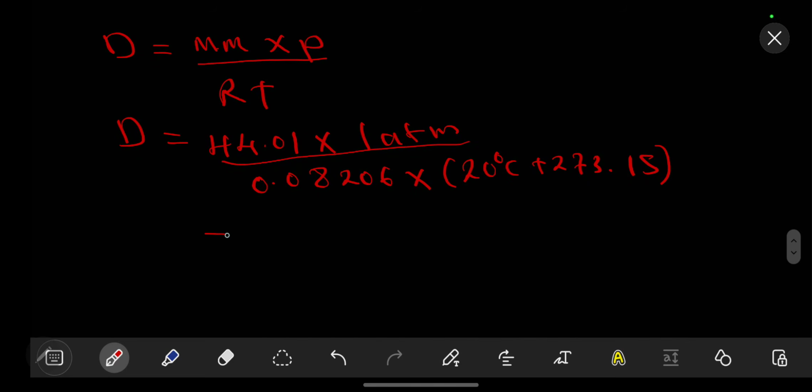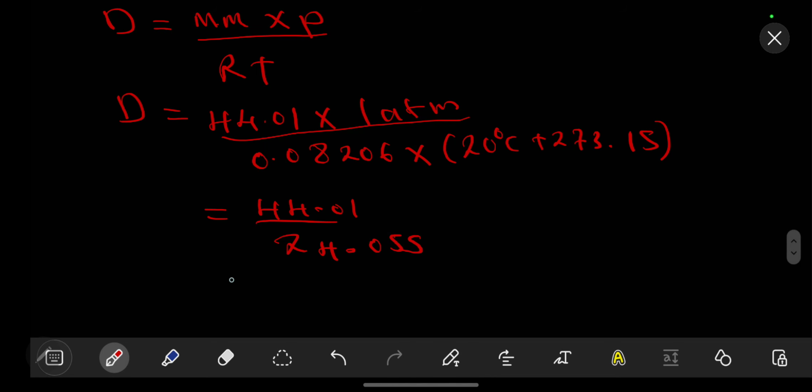So when we divide this, we have 44.01 over 0.08206 times 20 plus 273.15. This will give us a value of 24.055.